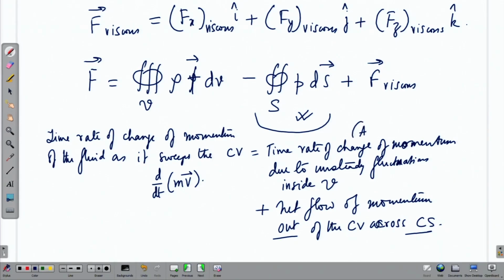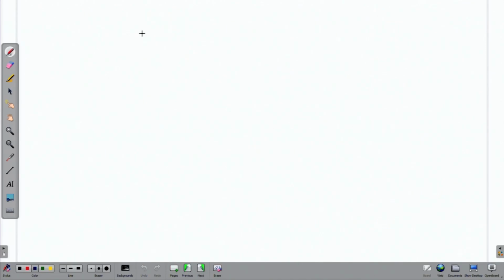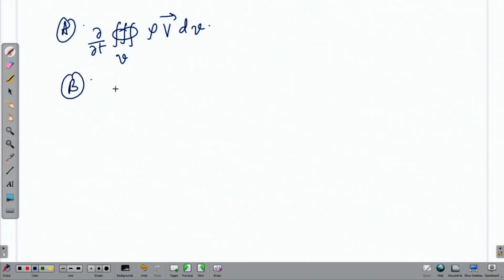Let us call this A and this B. The A part can be written as this, the time rate of change due to unsteady flow fluctuations, and the B part would be the combined effect of mass flow rate and the velocity.